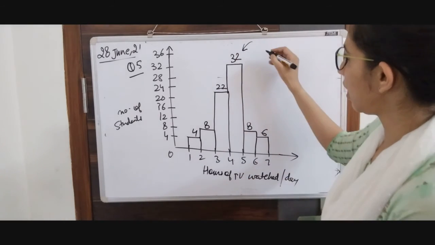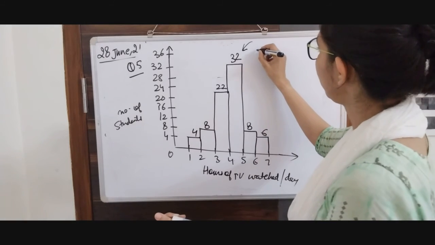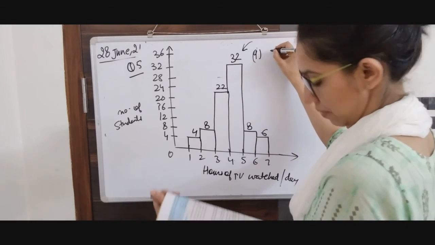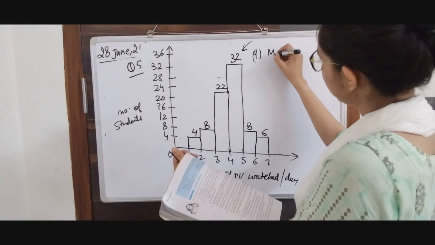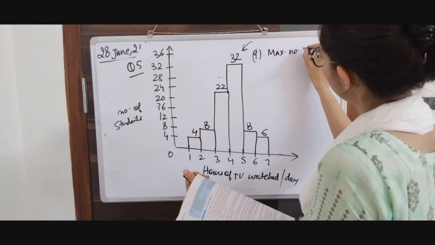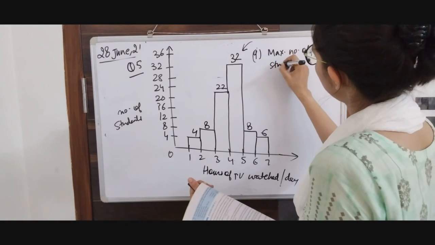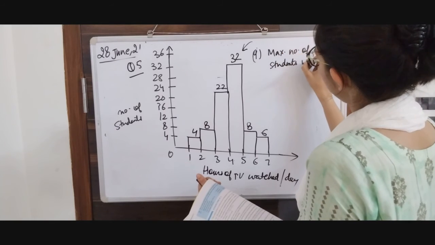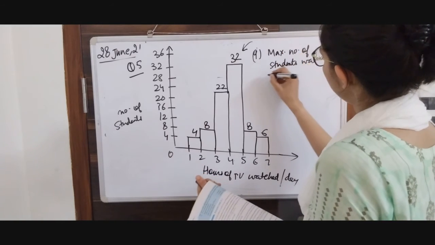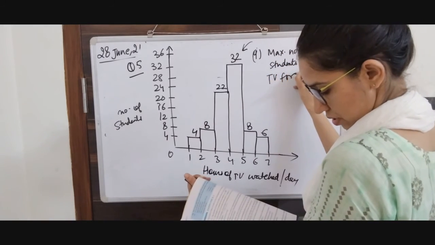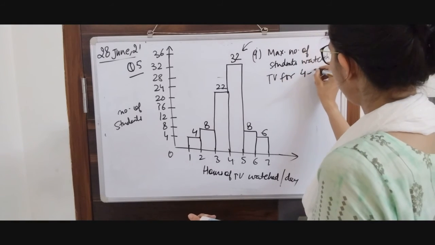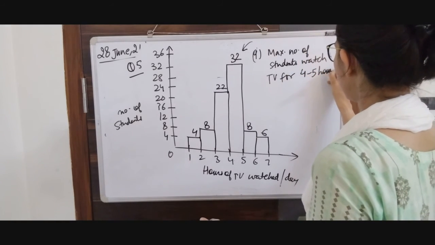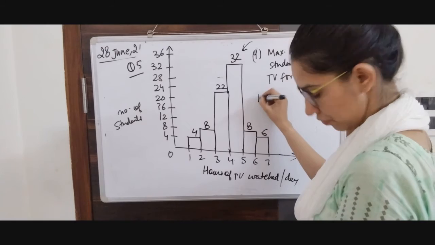So the maximum number of students watch TV for 4 to 5 hours. Okay, this was our first one.